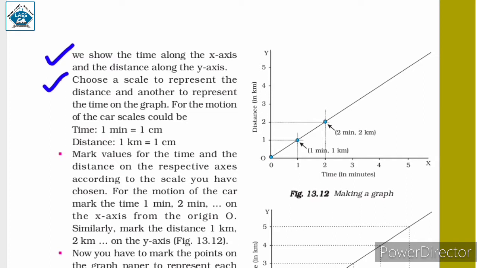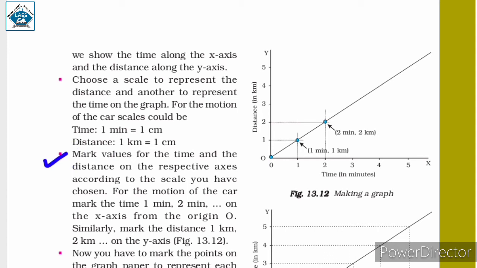Next, choose a scale to represent the distance and another to represent the time on the graph. For the motion of the car, scales could be: for time, 1 minute is equal to 1 centimeter, and for distance, 1 kilometer is equal to 1 centimeter.